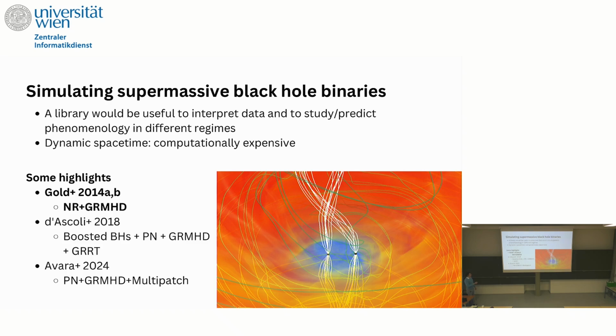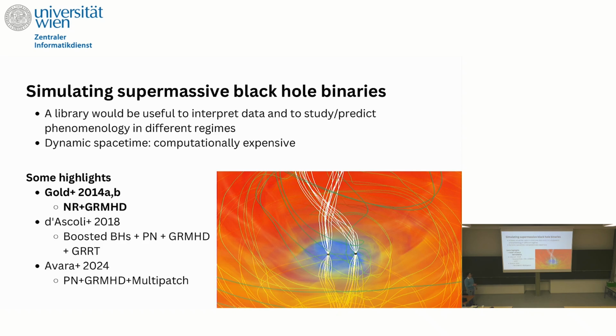Some of the highlights that I would like to mention are from Roman Gold, who is a collaborator in this project. This is a picture from one of his simulations from 2014. Here, he simulated the evolution of the binary with numerical relativity, and simulated on top of it the accretion flow using GRMHD.